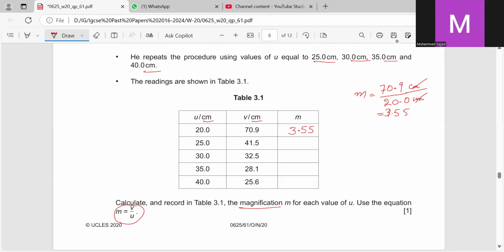Then we divide 41.5 over 25, rounding it off, and we are getting 1.66. Then 32.5 over 30, we are getting 1.08.